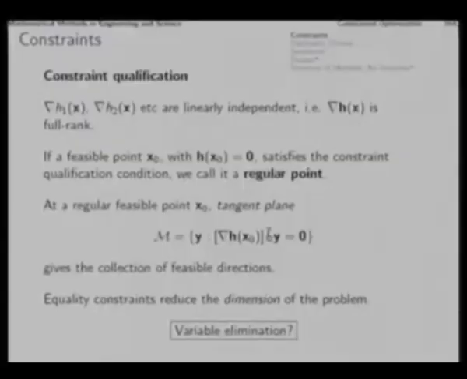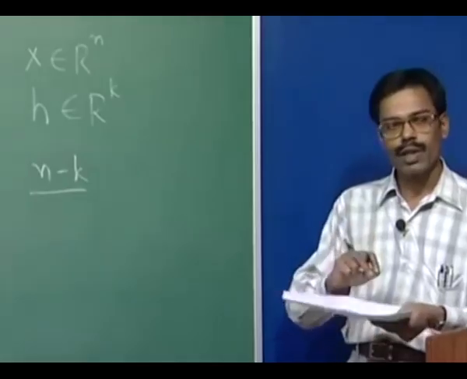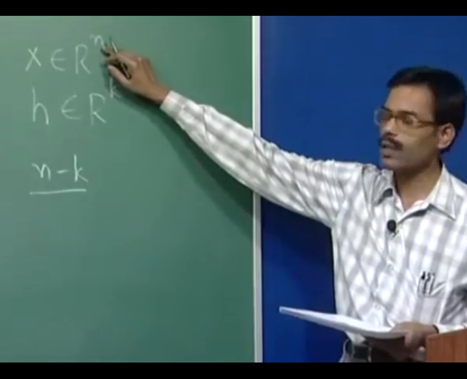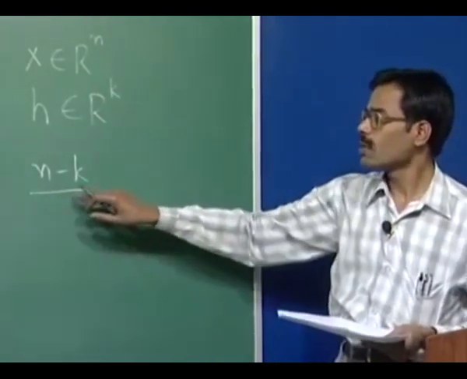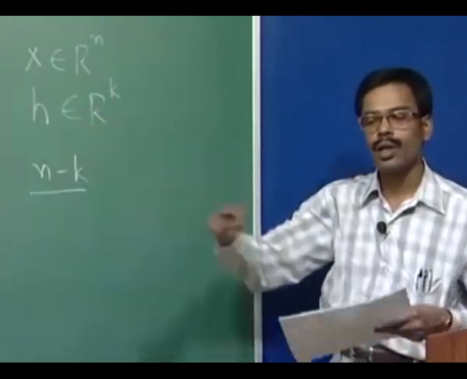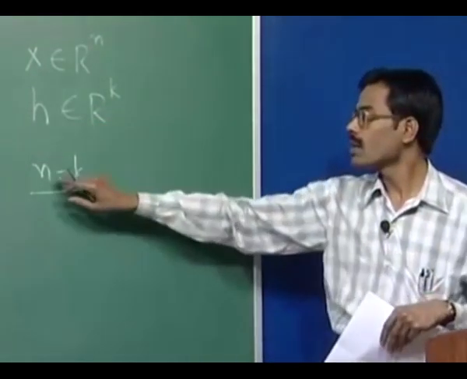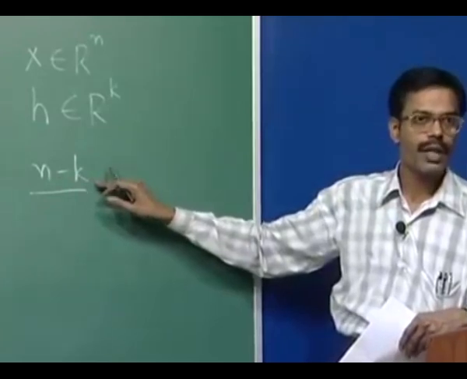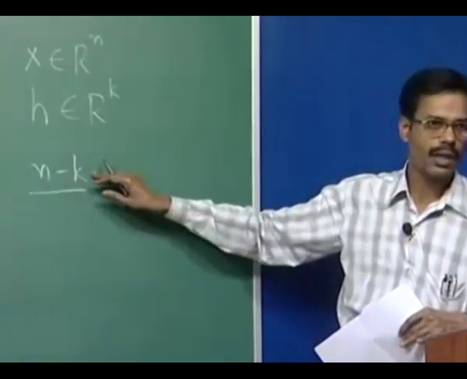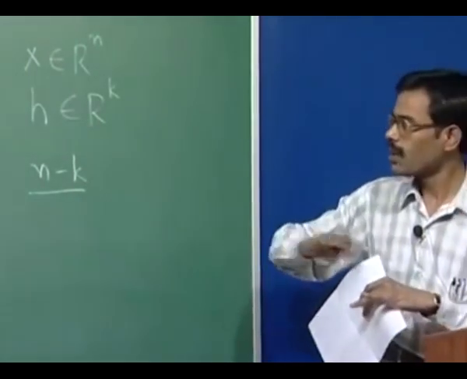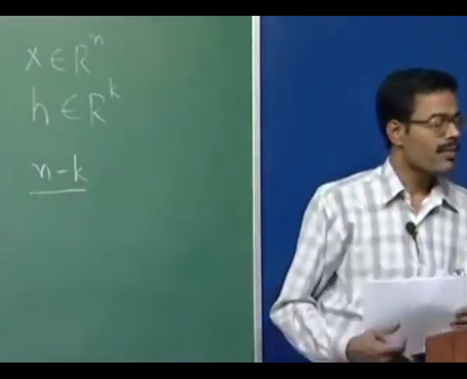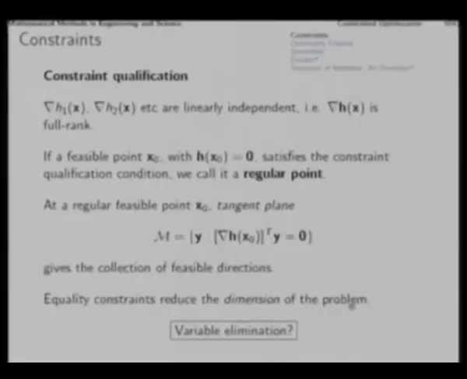That way, you will find that from that point, if we want to conduct a search, we do not really need to conduct a search in the n dimensional space, because the tangent plane is n minus k dimensional, and in fact, all the k equality constraints together will define a manifold of dimension n minus k. So, you need to conduct the search on an n minus k dimensional manifold, and the tangent plane is a planar entity of that many dimensions. So, equality constraints reduce the dimension of the problem.